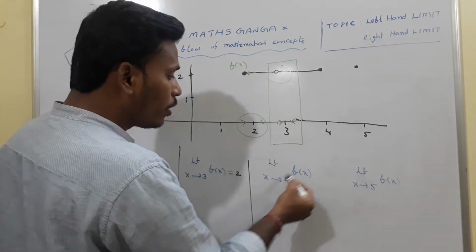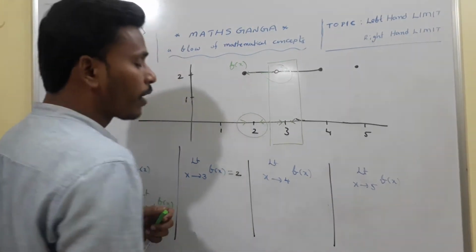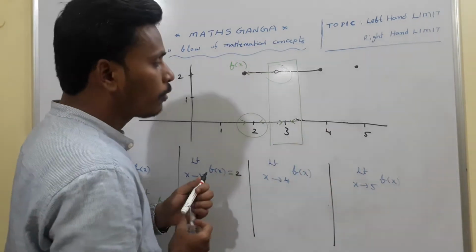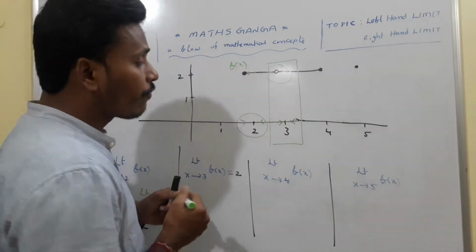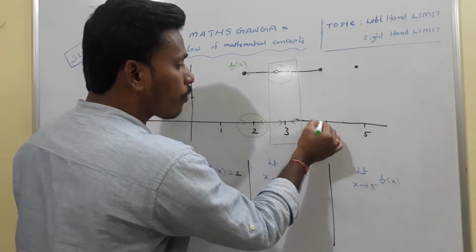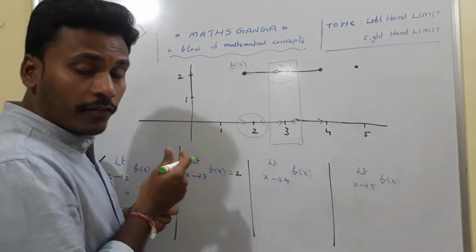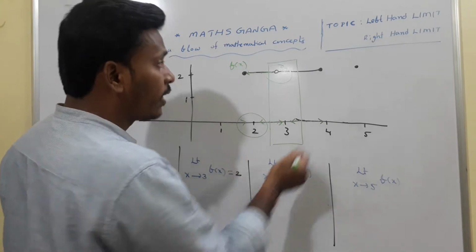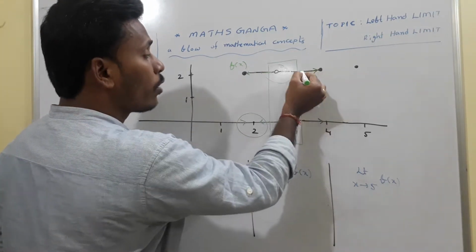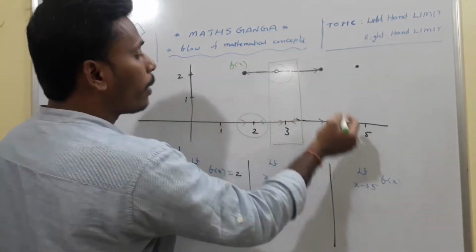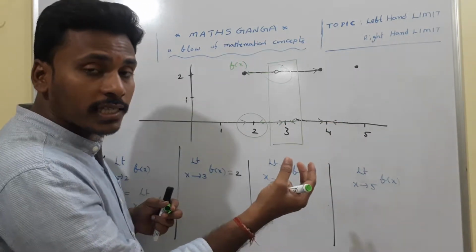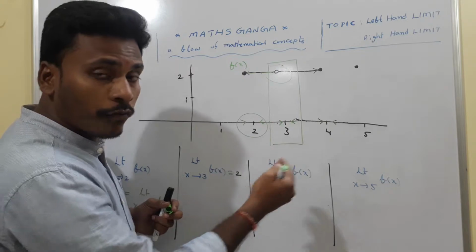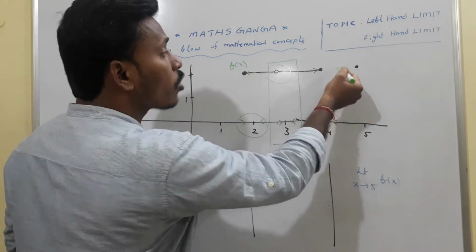But coming to limit x tends to 4 f of x, if you look here at 4, the left hand limit exists, because if x is running towards 4 from the left side, then the functional value exists too. But if x is running towards 4 from the right side, then here the function is not defined.